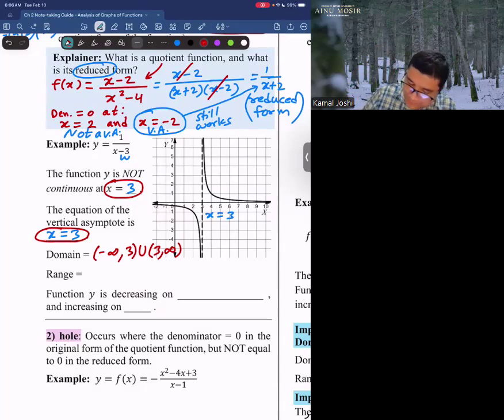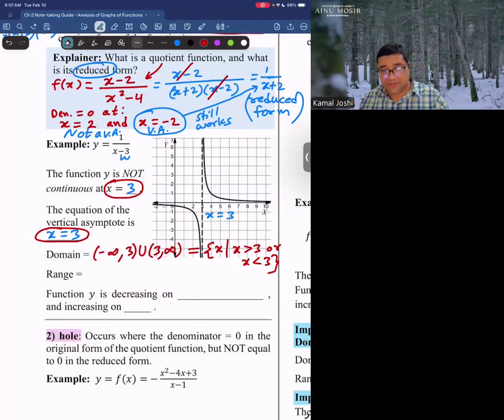If you wanted to write this in the set builder notation that we used earlier, this will be x such that x greater than 3 or x less than 3. Either way, you don't have to write both, write one of them. In both of them, we are avoiding the value x equals 3, which is not in the domain.